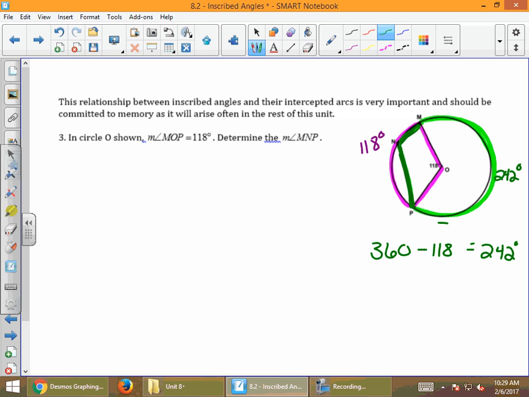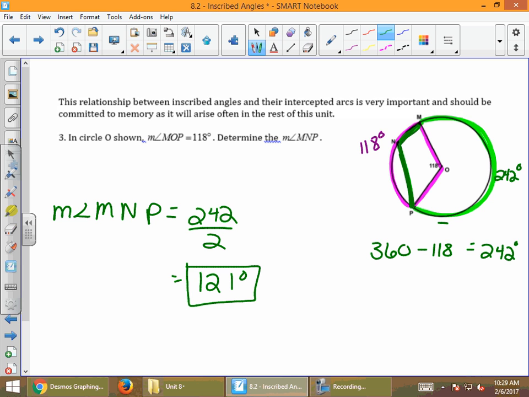What is it? 2. So to find the measure of angle MNP, we take the arc and divide it by 2. So what do we get when we do 242 divided by 2? 121. There's the measure of NP.